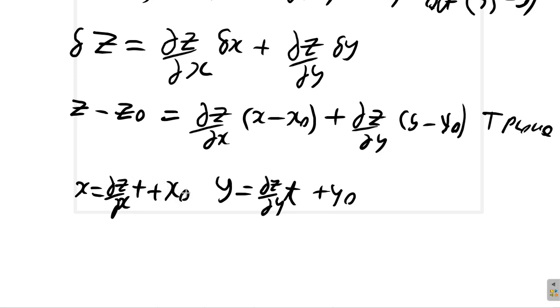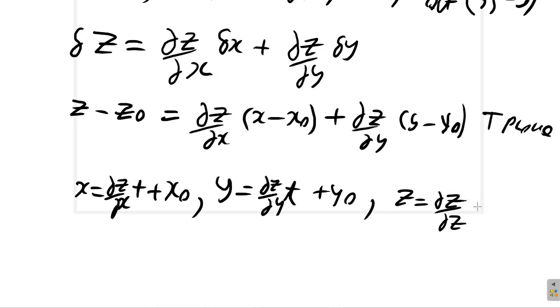Sometimes instead of z you have f, where f means the function, right? For z, it's delta z by delta z.